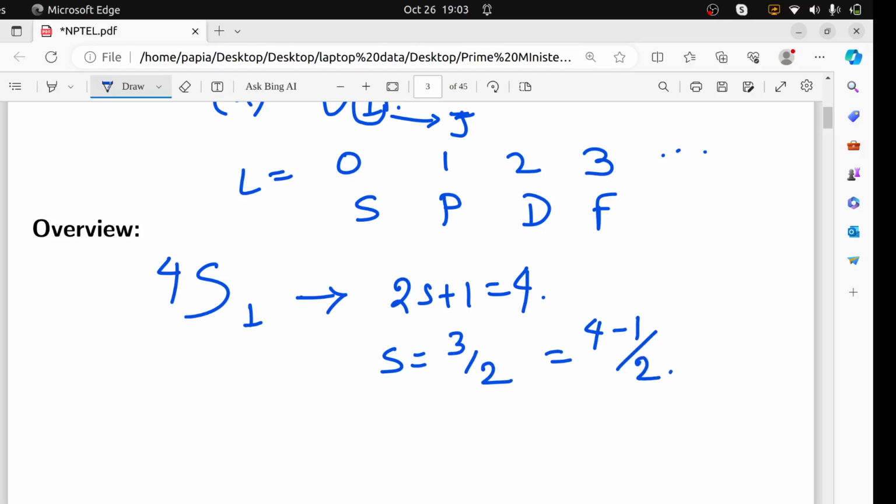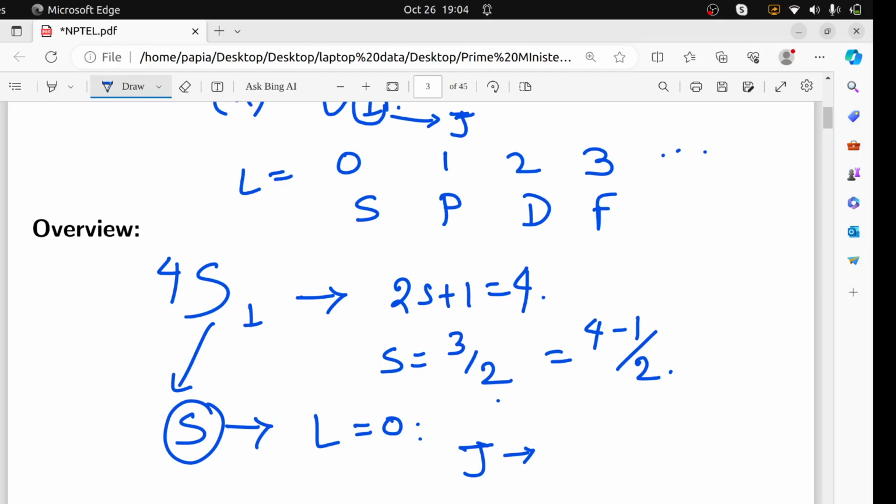And from the letter S, L is 0. So L is 0 and S is 3/2. Now what will be the value of J here?